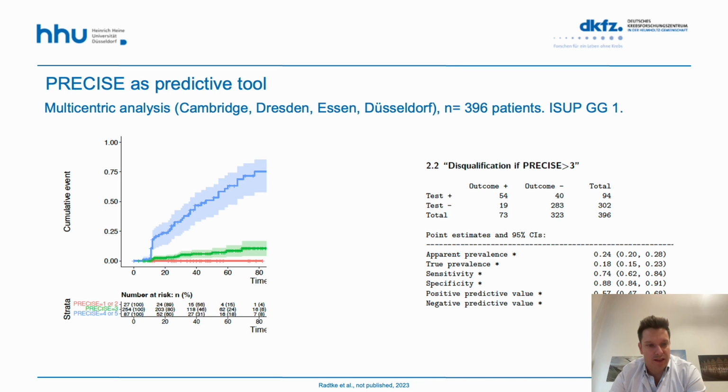It's only about 5%. So when disqualification is defined by PRECISE scoring 3 or higher, as you can see here, the negative predictive value to rule out is over 90%, and the sensitivity is 74%. So very good data that emphasize that PRECISE scoring is the right tool.